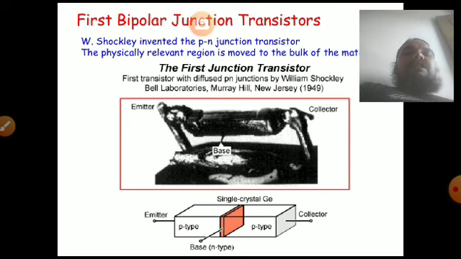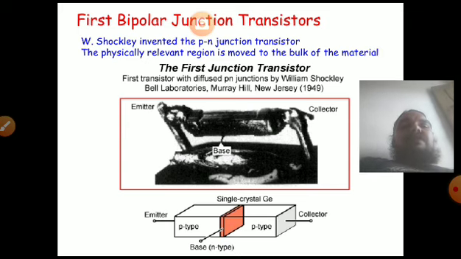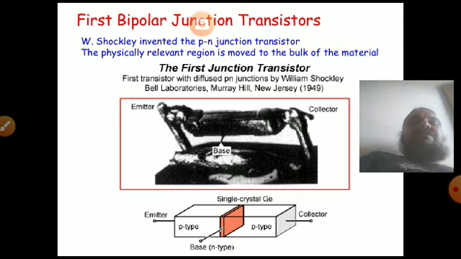The first bipolar junction transistor. Shockley invented the PN junction transistor, with the physically relevant reason for moving to the bulk of the material.